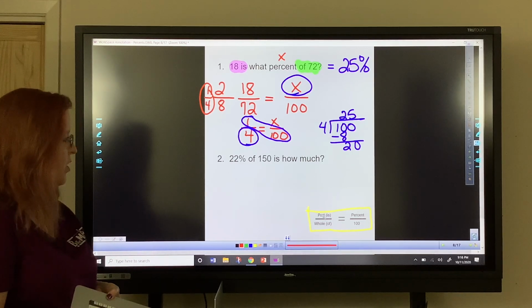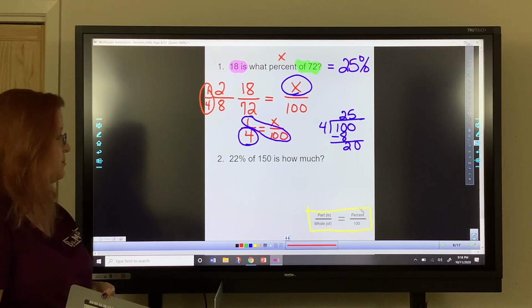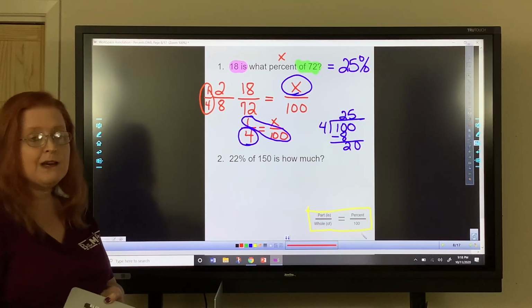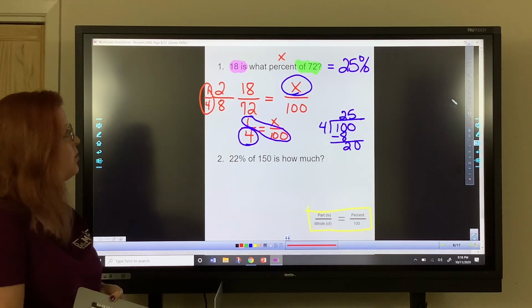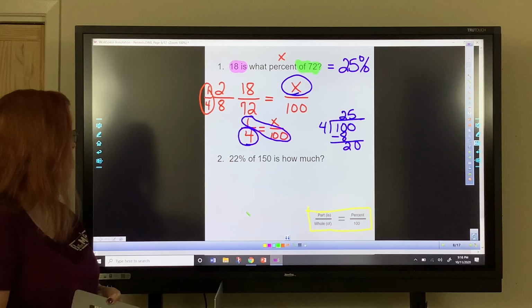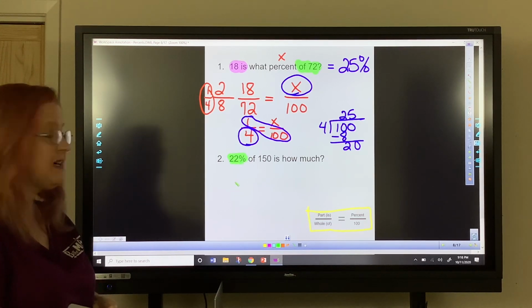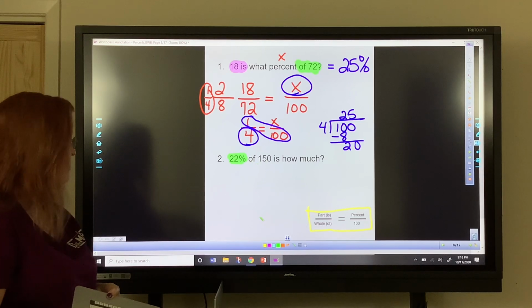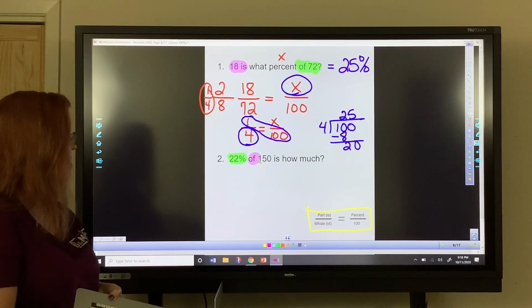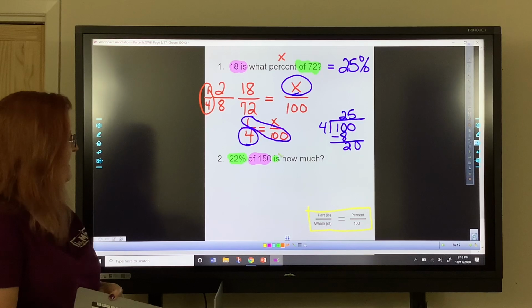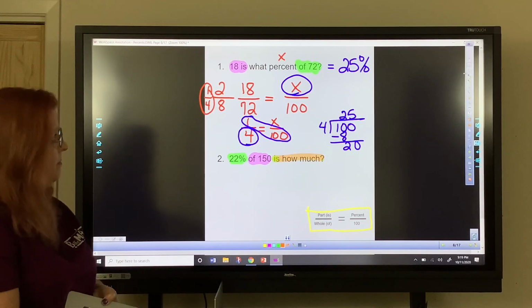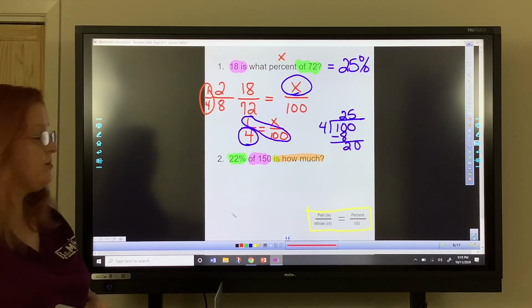All right, part over whole equals percent over 100. You're setting it up. That doesn't move. You leave that alone. Okay, so let's label what we have here. 22%. That's pretty easy. We have a percent, right? Of 150. There's our "of" 150. "Is" how much? That's going to be our variable.